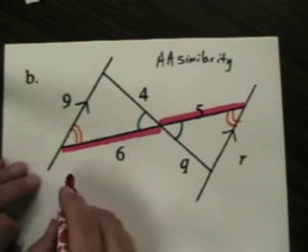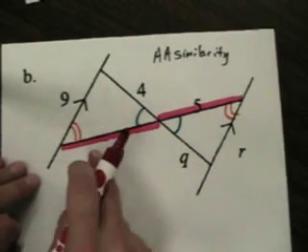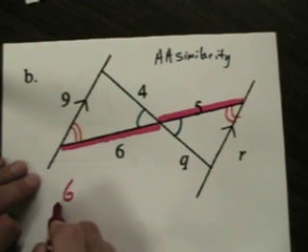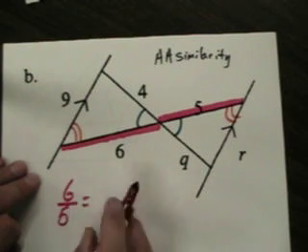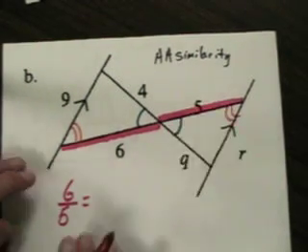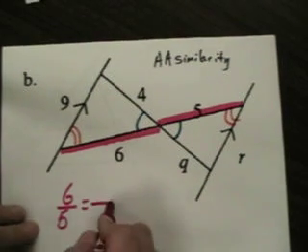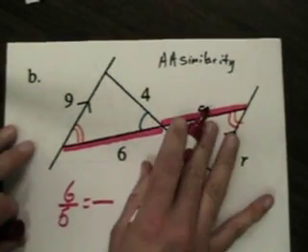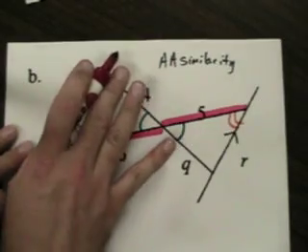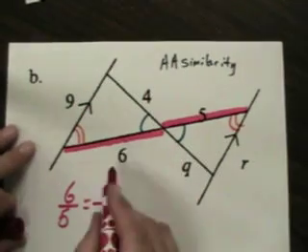I'm going to use this side over that side. The only important thing is to be consistent. 6 over 5 should be equal to 4 over Q.